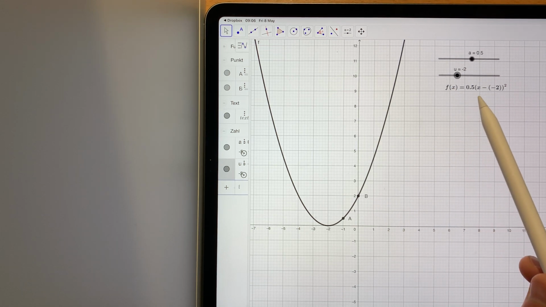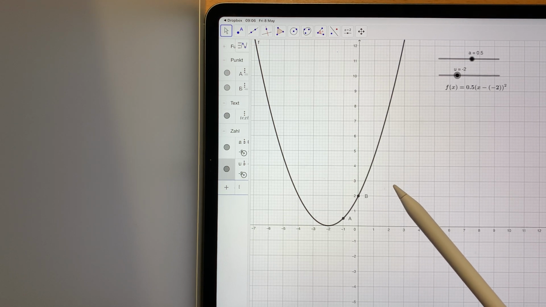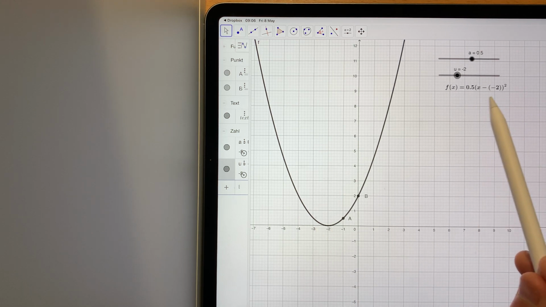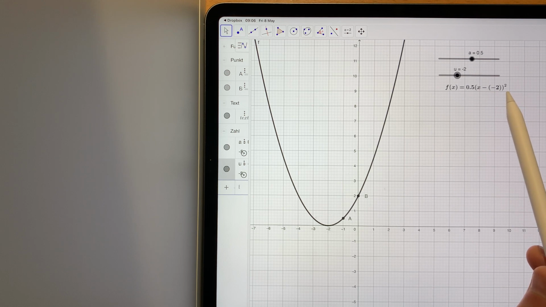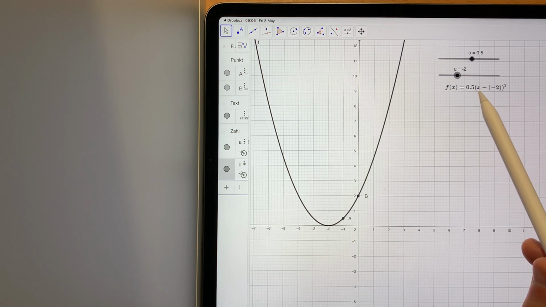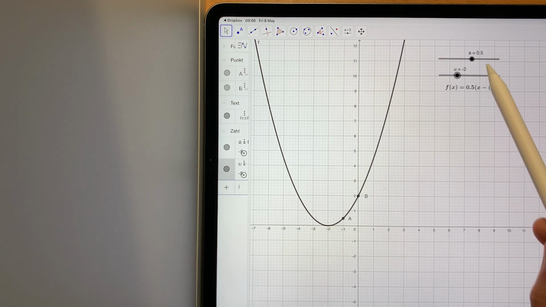So we have two parameters here that make this parabola move. It's always a horizontal shift here, a horizontal translation. So it's x plus 2 squared, okay? So that means if it's x plus 2 squared, you need to plug in minus 2 in order to have the lowest possible value.